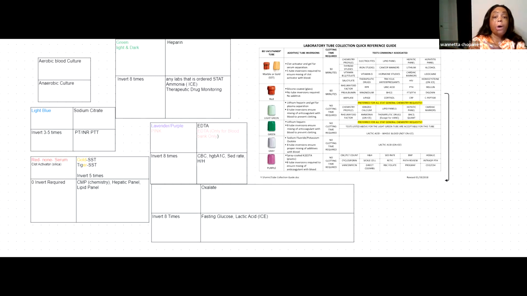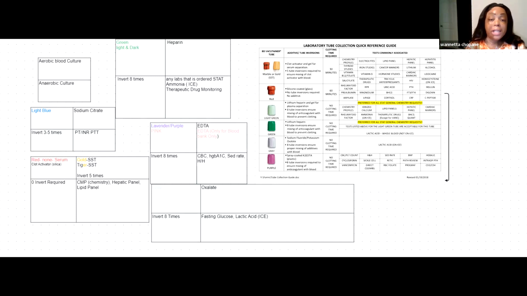If we go out of the order of draw, remember, it's a vacuum motion in that tube, so whatever's in that tube could just get sucked into the needle. Then as we do our tube exchange, the wrong additive before time can mix with the tube it shouldn't be mixed with. You can cause your patient to have false high or false low results, which can result in misdiagnosis of your patient.